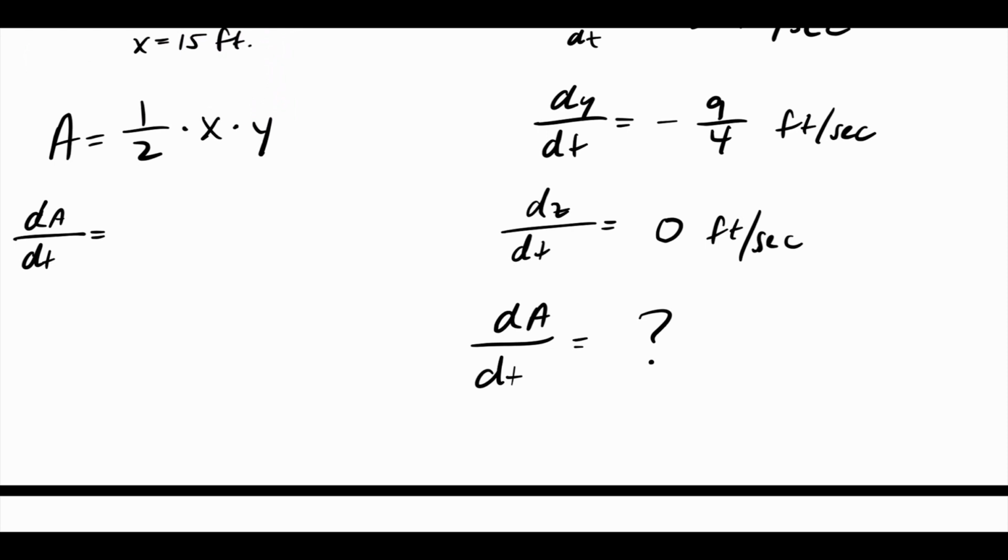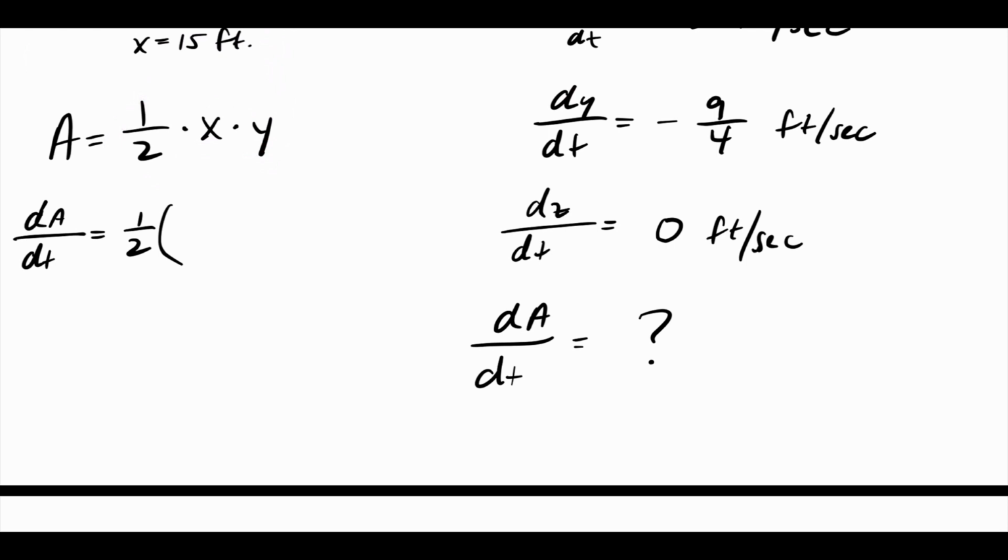How would I find the derivative of 1/2 xy? I'd have to use the product rule because x and y are two different things and they're being multiplied together. So the 1/2 is multiplied times everything. So I'm going to put 1/2 in the front. So whatever I get as the derivative, then I'm going to distribute the 1/2.